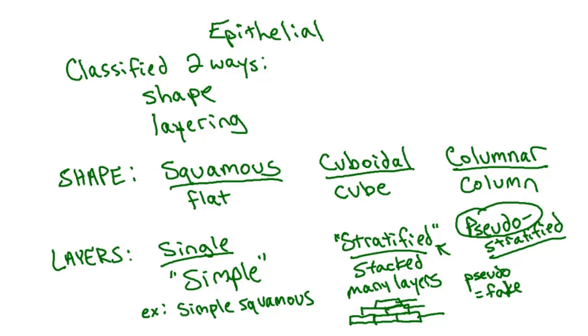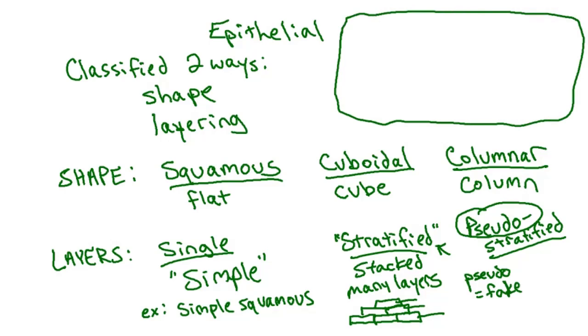What happens in pseudo-stratified, if I can get your attention up here in this little box, is that it would have a really tall columnar cell, and next to it a short columnar cell, then a tall columnar cell over it, then a really short cell, and then a kind of tall cell.